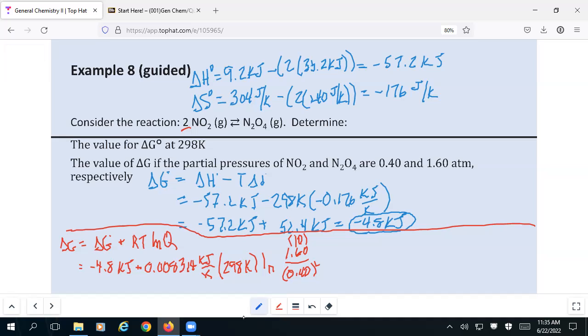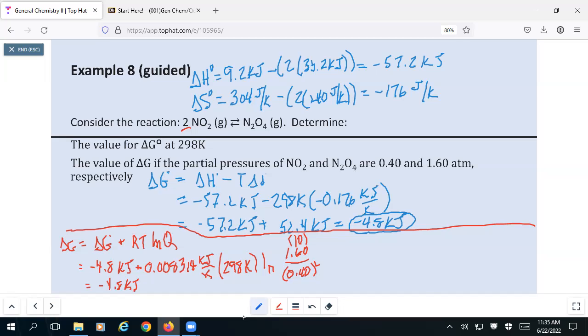Natural log of 10 is 2.30 times 298 times 0.008314. So we have negative 4.8 kilojoules.